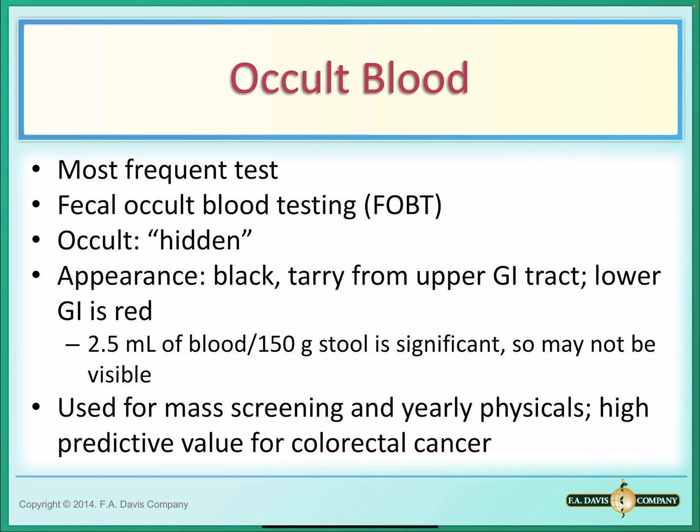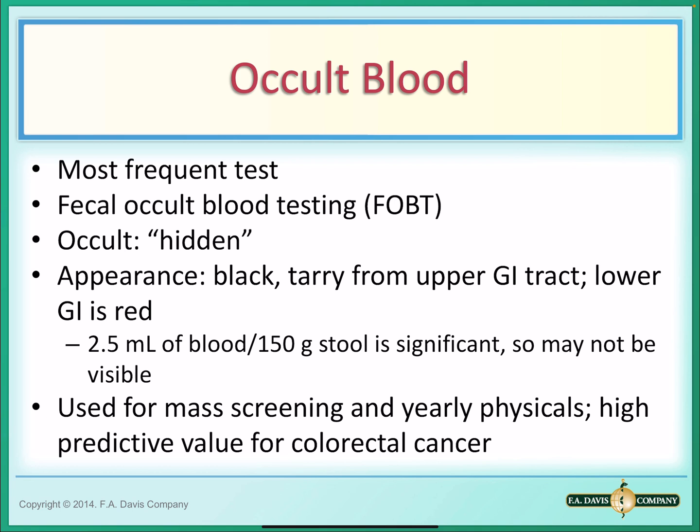However, because any bleeding in excess of 2.5 milliliters per 150 grams of stool is considered pathologically significant, and basically no visible sign of bleeding may be present with this amount of blood, fecal occult blood testing is absolutely necessary.